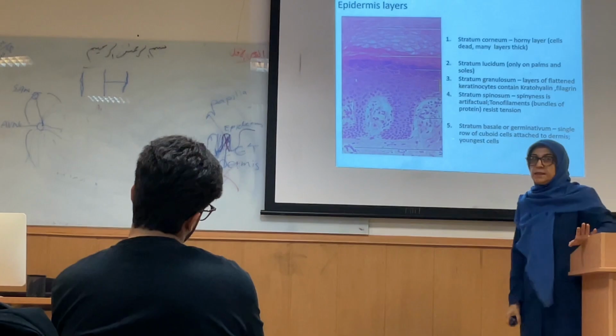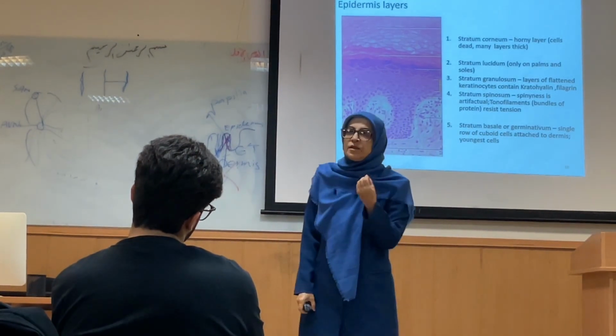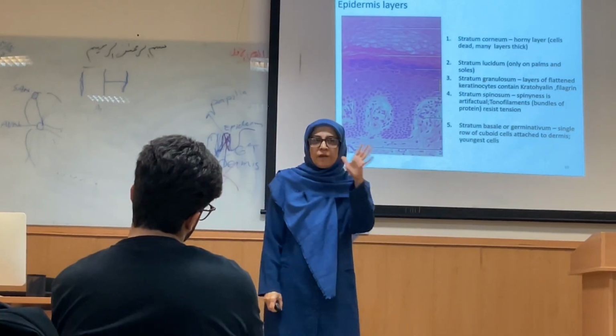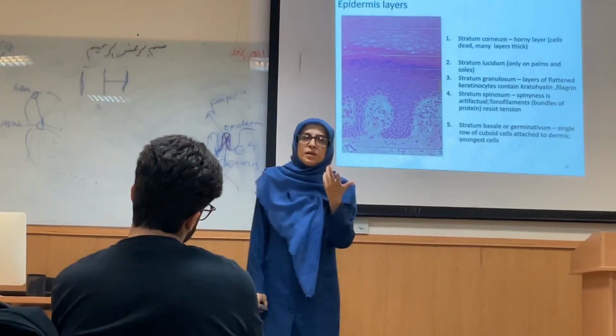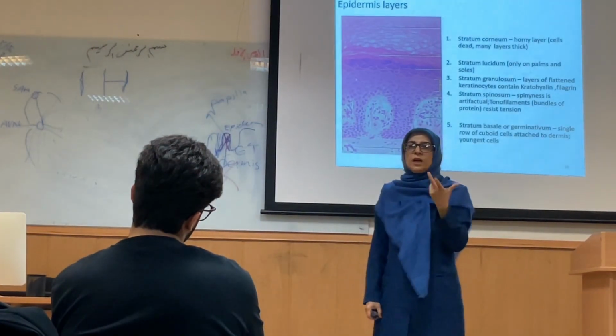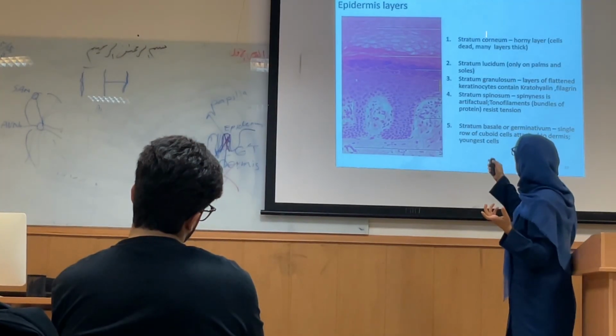If you remember from the epithelial tissue, there are intermediate filaments in all of the epithelial cells, such as keratin or cytokeratin. Keratin is a type of protein that is synthesized in all of these cells.